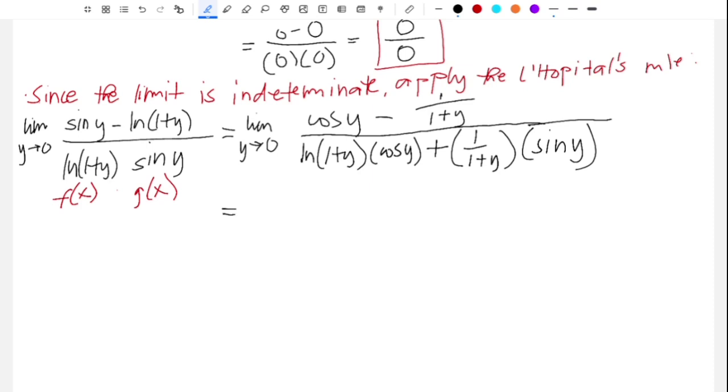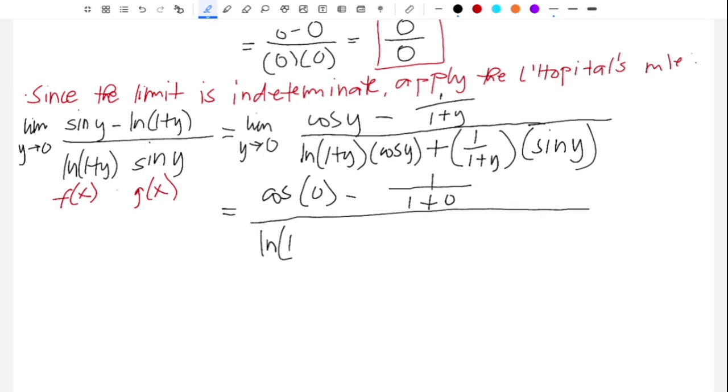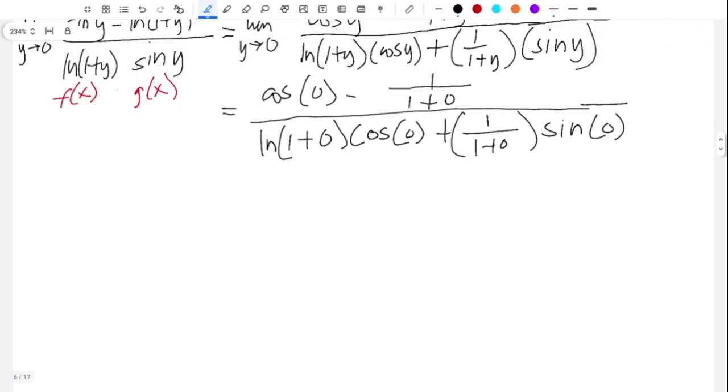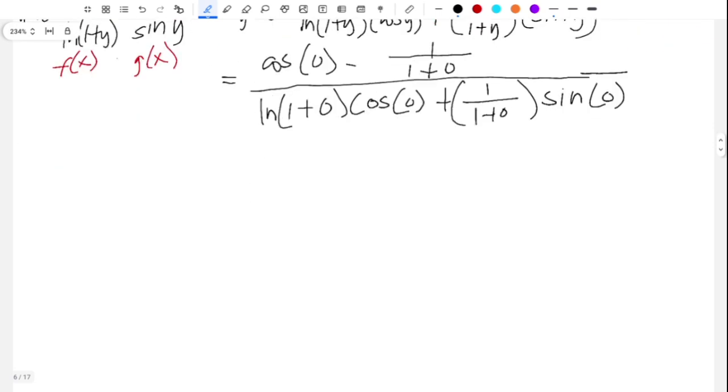Okay. Since we have finished deriving the numerator and denominator, we can now apply our limit. Cosine 0 minus 1 plus 0 over ln(1 plus 0) cosine 0 plus 1 over 1 plus 0 times sine 0. Let us thoroughly check if we get an indeterminate form.